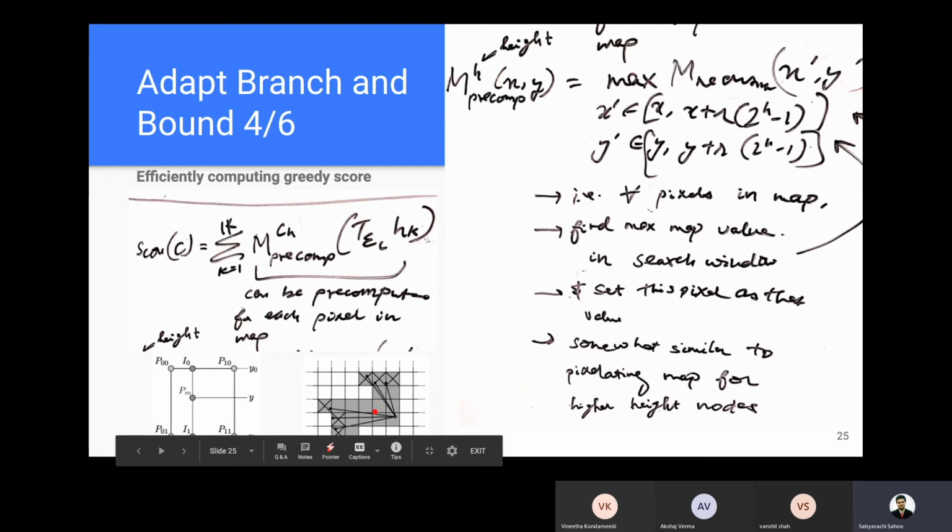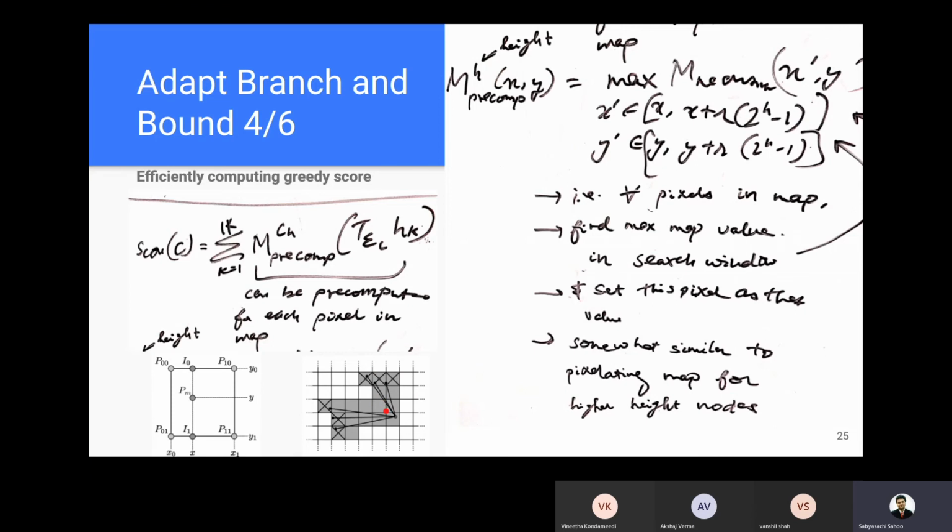For this pixel at a search window of this size, it will be 0.2, its original value. At a search window of this size, since this had 0.8, its pre-computed value becomes 0.8, and at a search window of this size, since this had 1, its pre-computed value becomes 1. So for different search window sizes, the same pixel can have different values.